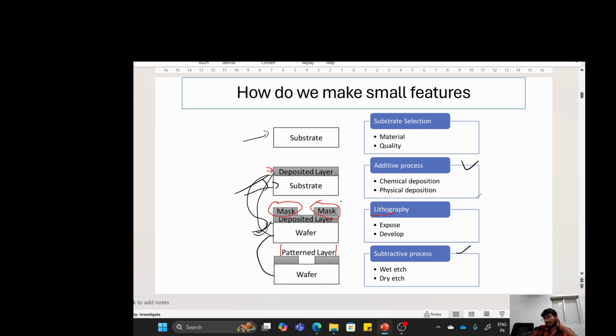So dry oxidation, wet oxidation, these are complicated and take a lot of energy. These processes are energy intensive, and the machines used in these are highly expensive as well. So most of the technology is going towards the organics because of their solution processability. You can do it over a large area.